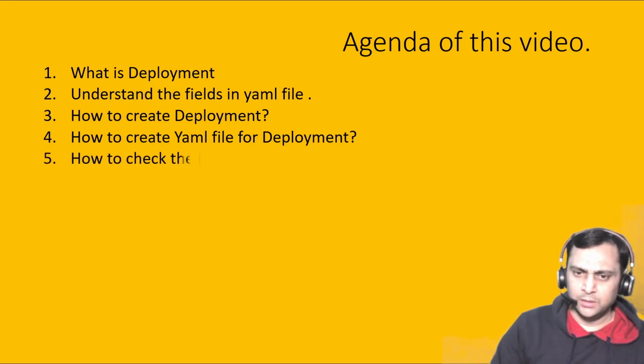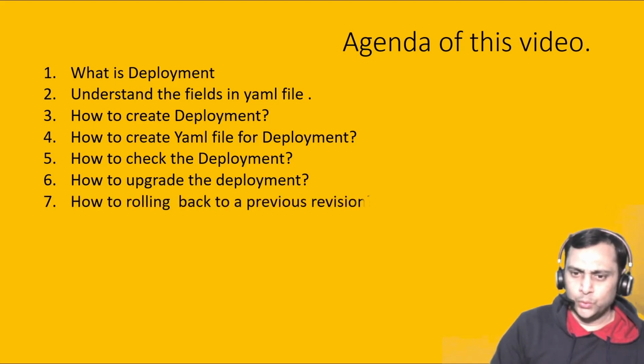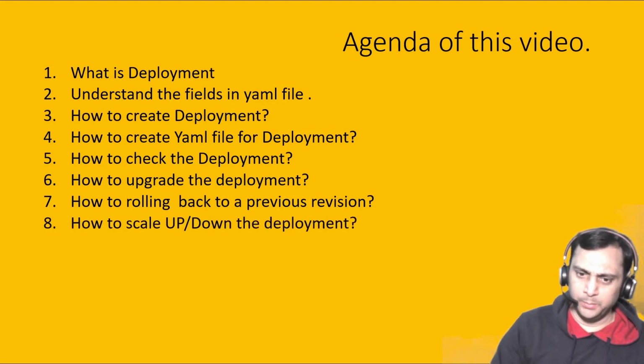In the fifth topic, how to check the deployment. The kubectl describe option, I will explore it. In the sixth topic, how to upgrade the deployment, rolling updates and rolling back. In the seventh, how to roll back to the previous revision. And in the eighth, how to scale up the deployment.